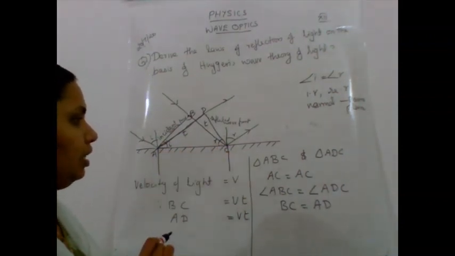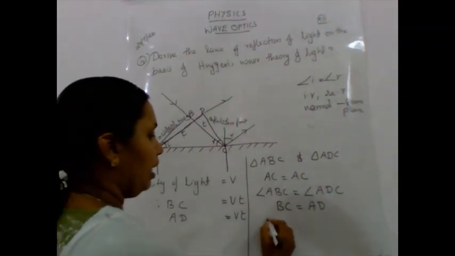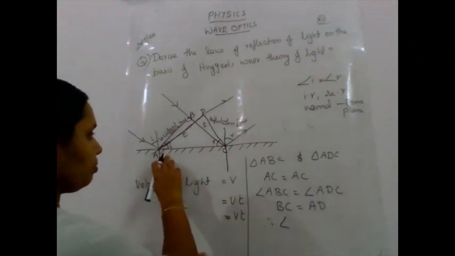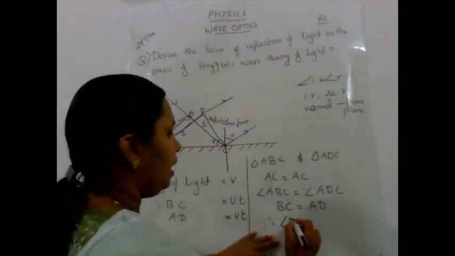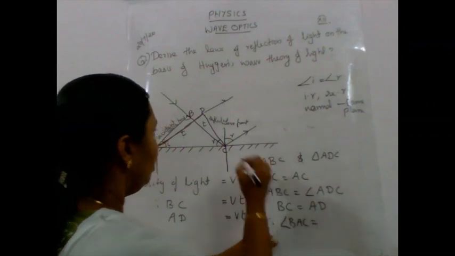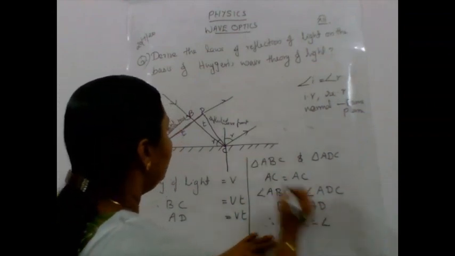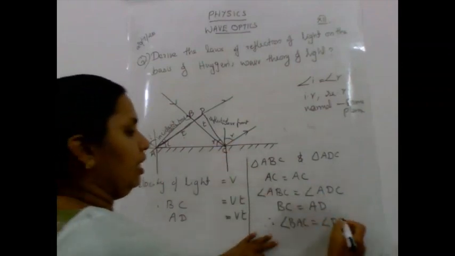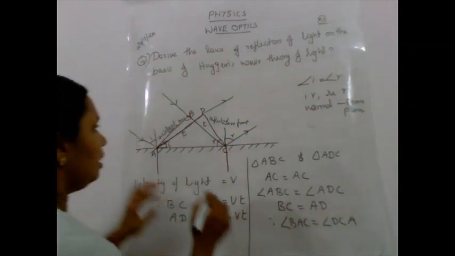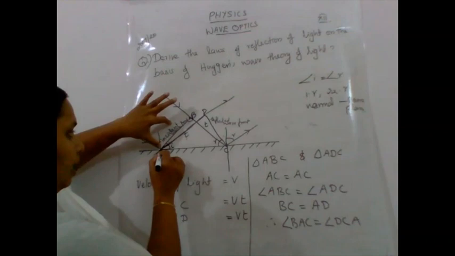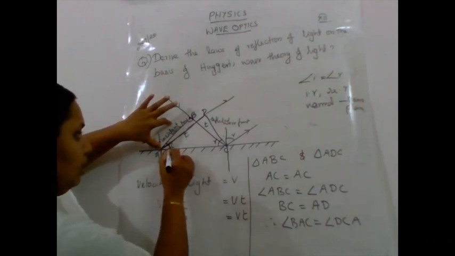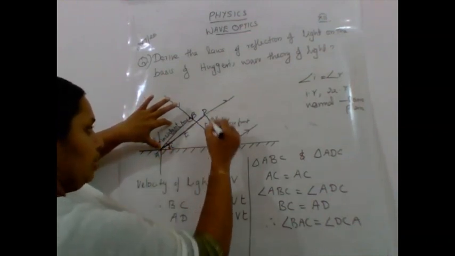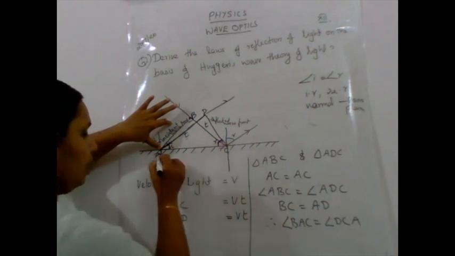Therefore, we can write angle BAC is equal to angle DCA. What is BAC?